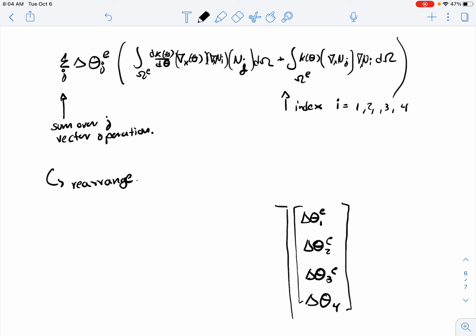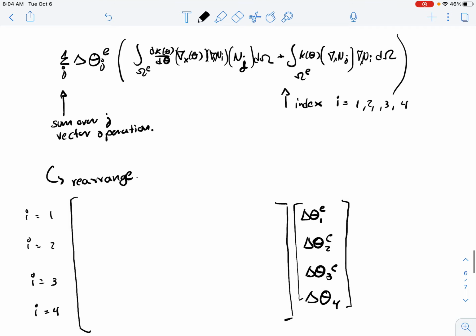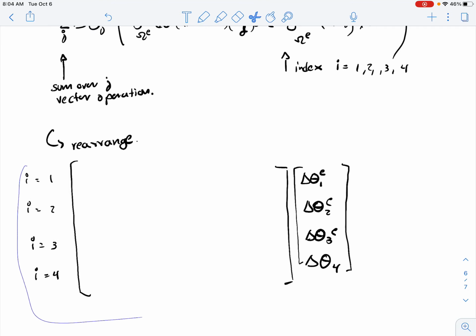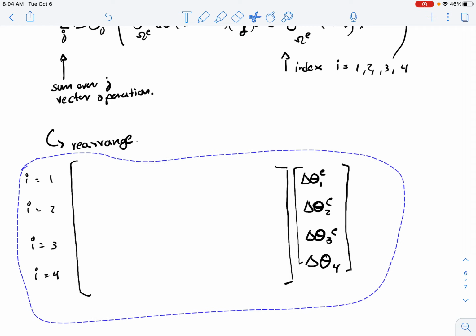and then here I need the j, but now I can also choose each of the i's, right? So here it's basically each row is going to be one of the i's, and each column is the j's.